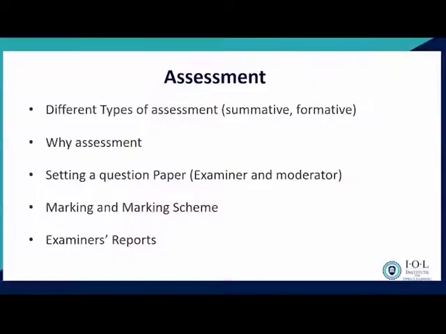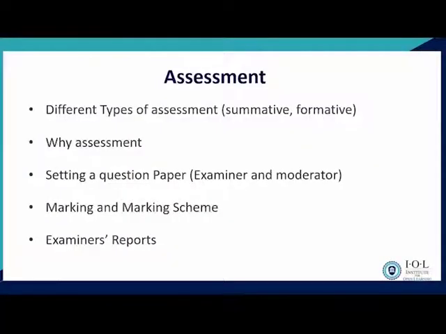All right. Another part of assessment is setting up a question paper, which involves the examiner and the moderator. So you need to understand the different roles of the examiner and the moderator.